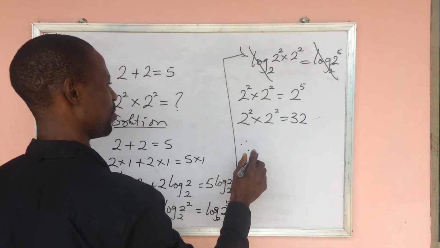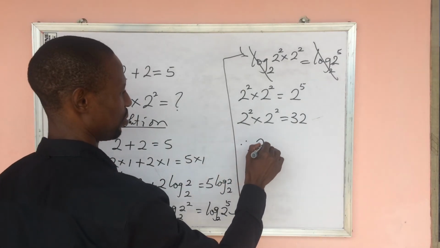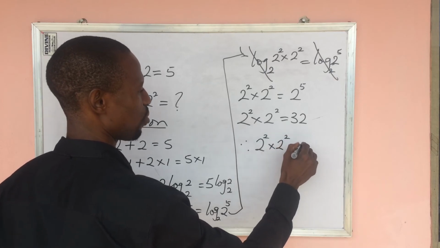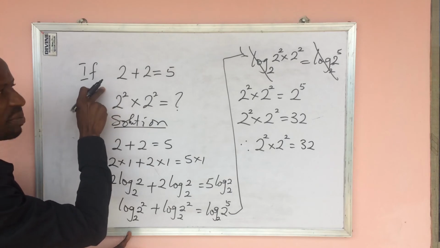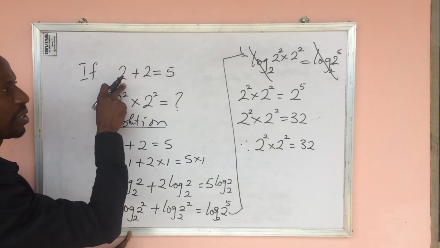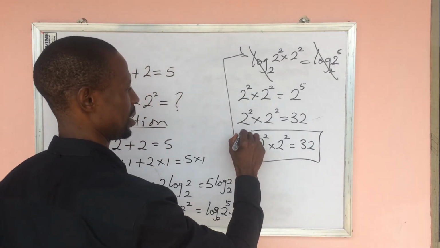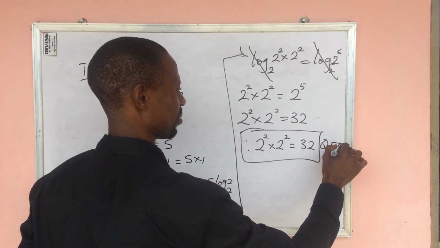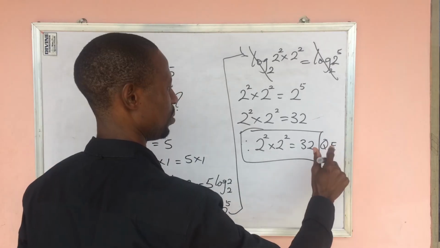Therefore, what we were asked to look for, 2 to the power of 2 times 2 to the power of 2, is equal to 32, according to this conditional statement, which is, if 2 plus 2 is equal to 5, then this is the solution to our problem. QED.